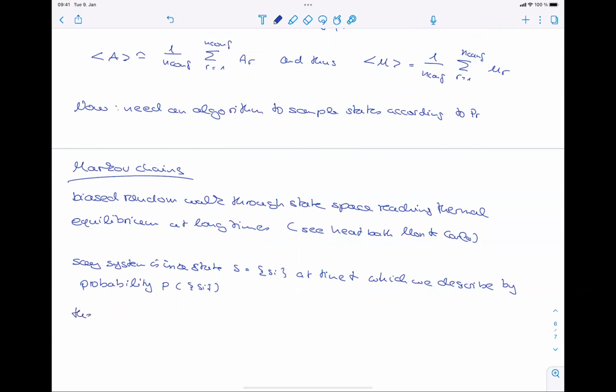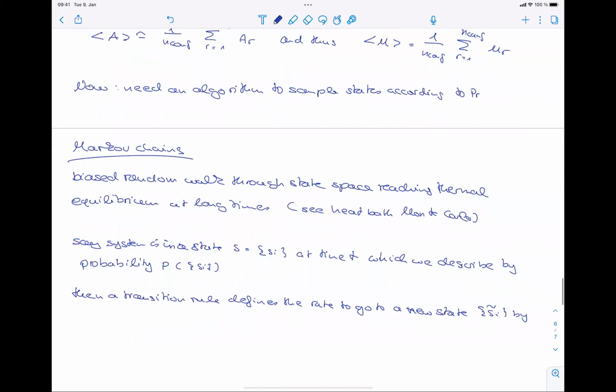So to this end, I define the transition rule that defines the rate to go to a new state S tilde.